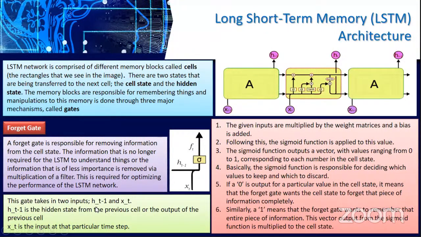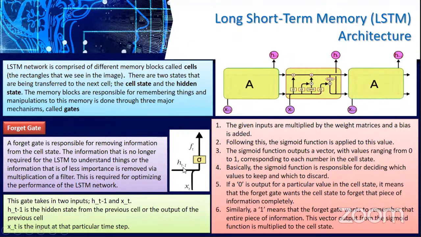The gate will have two inputs. The first input will be h_(t-1) and the second input will be x_t, as you can see here. h_(t-1) is the hidden state from the previous cell, and x_t is the input at the particular time.